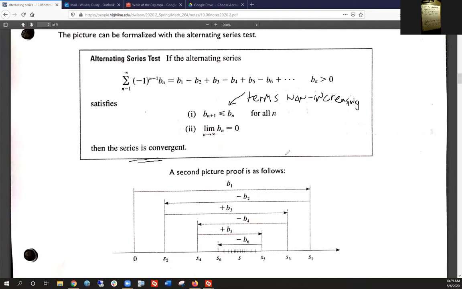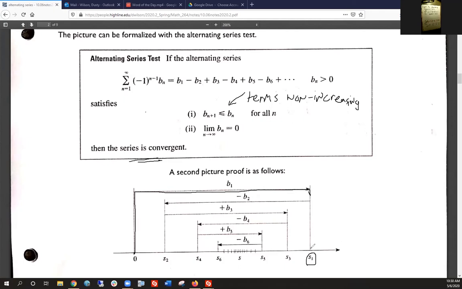And the combination thereof gives us a way of showing convergence. The picture below gets at the same idea. If you start at 0 and think about what the sum does, you add in your first term, and that gets you to S1.